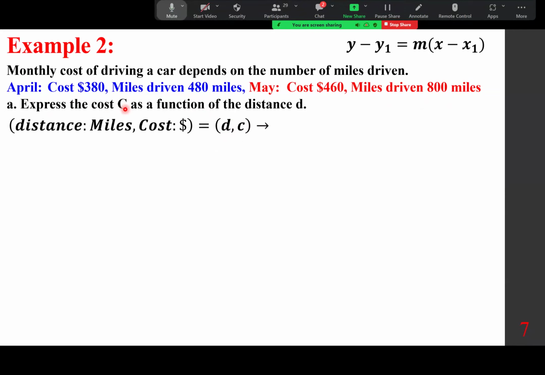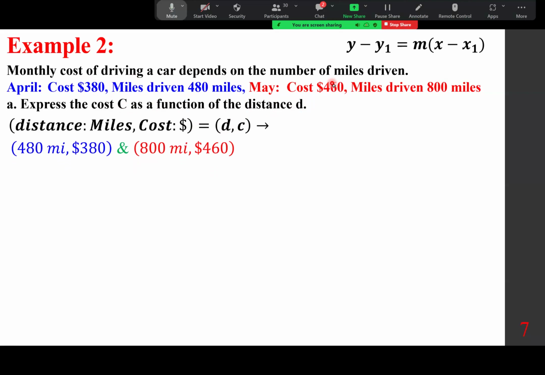Cost as a function of D. D is the independent variable. Okay, that's how it works. Now let's look at the pairs. This one, first we put the D, 480, and the cost is 380. This one, (800, 460). So we put the 2 pairs.